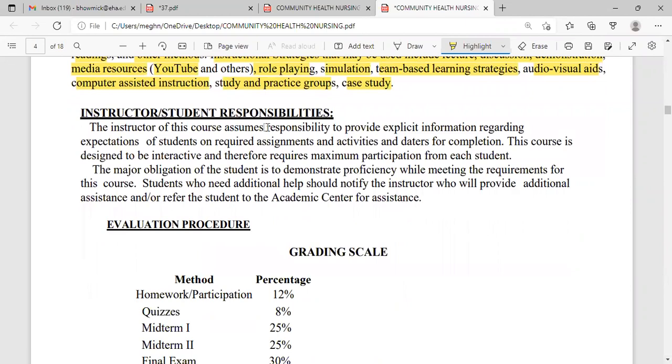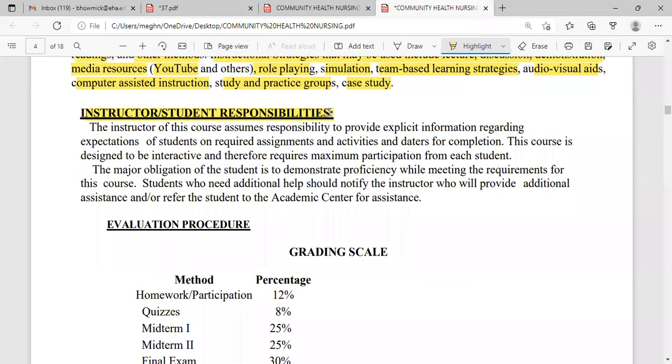So next here, instructor and student responsibilities. So what are my responsibilities? My responsibility is to print out something about this course outline, about the resources, about the quizzes, and exit exam. And how do you pass your NCLEX board exam?